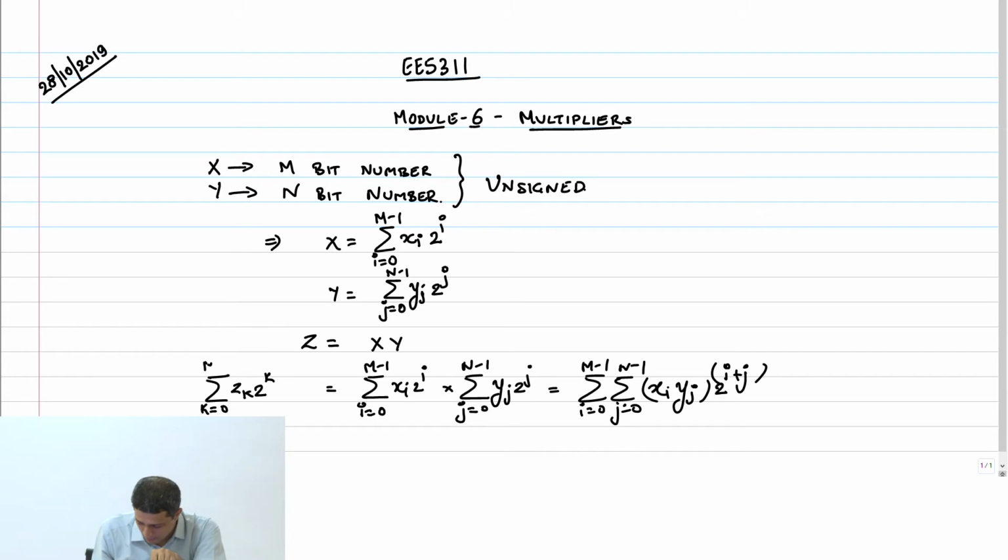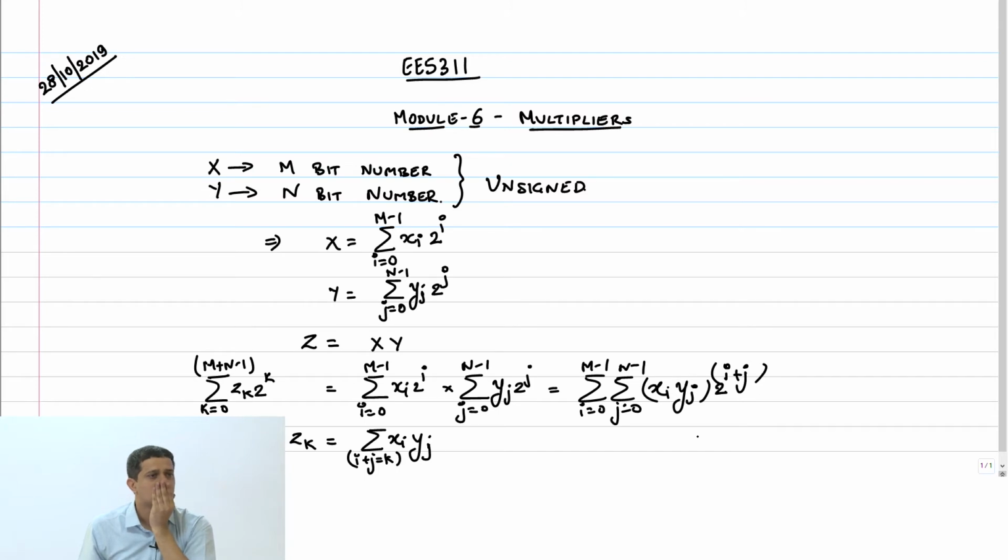So this will become m plus n minus 1. Okay. So what is this coefficient zk? This is equal to the summation of xi yj such that i plus j equals k. So you are just grouping all the terms and you are able to evaluate the coefficient of 2 to the power k.